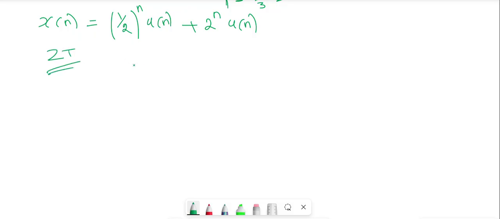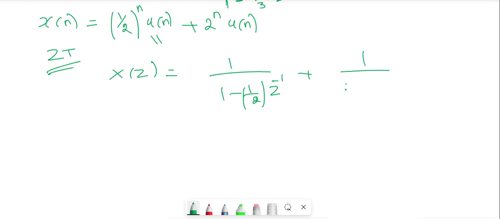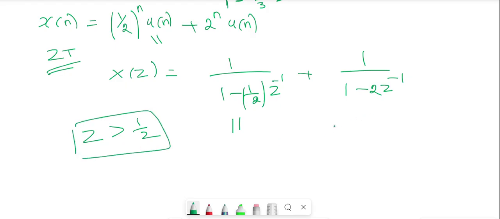X of Z is equal to 1 divided by 1 minus 1 by 2 Z inverse plus 1 by 1 minus 2 Z inverse. So, for the first case, the ROC is |Z| greater than 1 by 2. This is another pole, so the denominator here, the ROC is |Z| greater than 2.